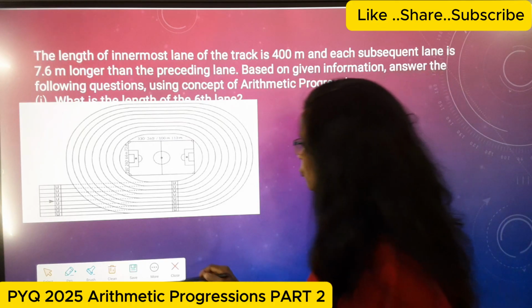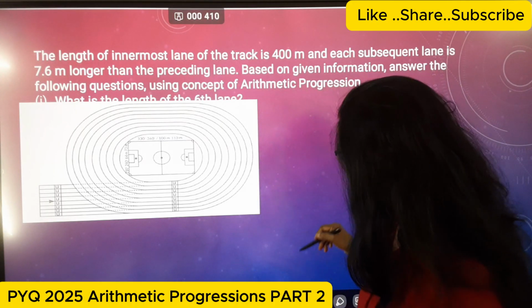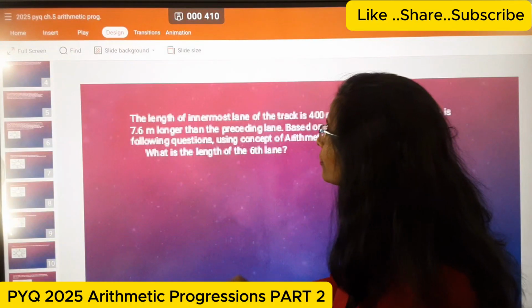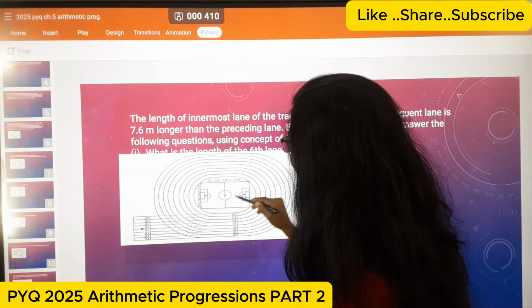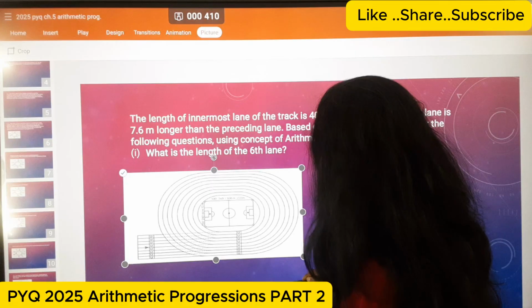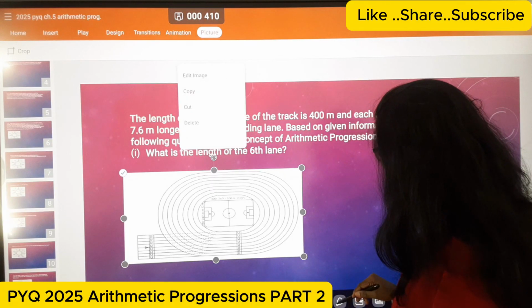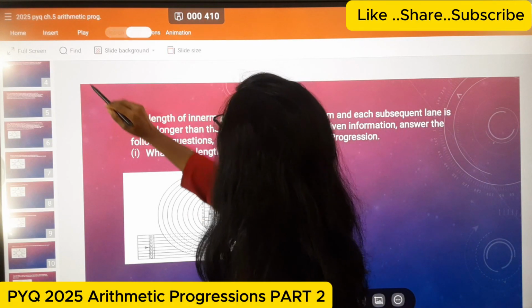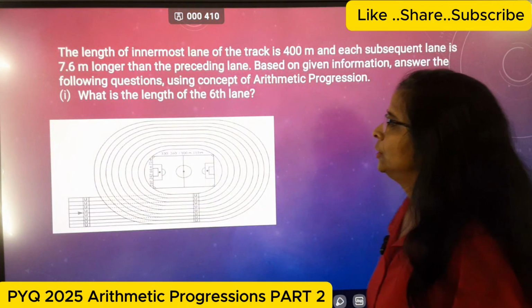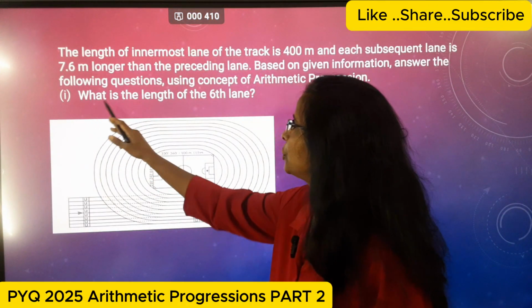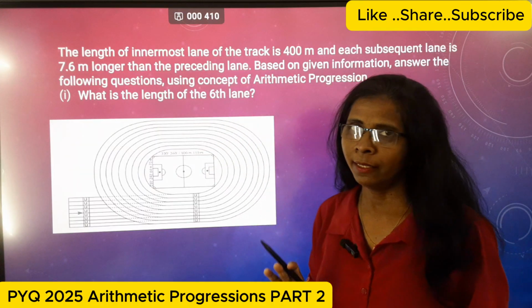So this one is the question: what is the length of the sixth lane?